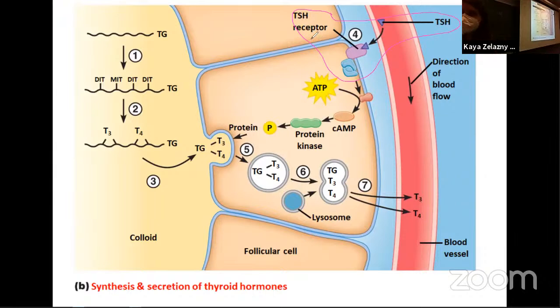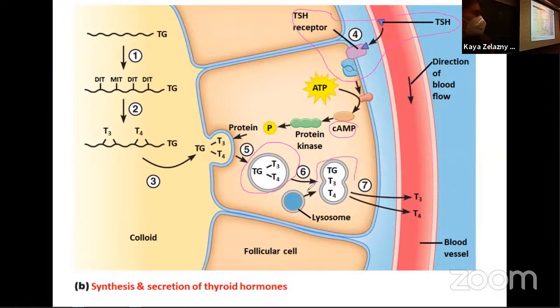So we have our thyroid stimulating hormone, which is produced by the anterior pituitary in response to thyroid releasing hormone from the hypothalamus. And that binds into a receptor, which starts the second messenger pathway. We can see our old friend cyclic AMP is involved here. This pathway ultimately tells us that we need to break apart this thyroglobulin bound with the T3 and T4. We can see that we broke it apart.